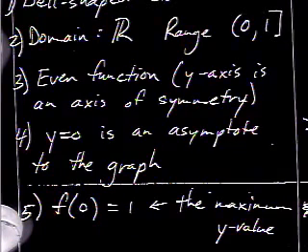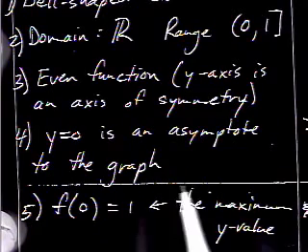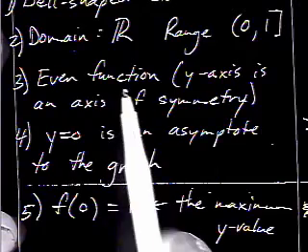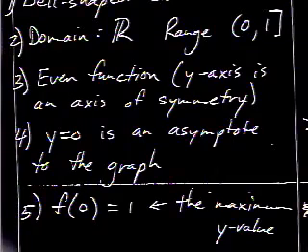That's right there in the middle where it comes together. The other details: it's an even function, right? The y-axis cuts it in half, so it's an axis of symmetry. y equals 0 is an asymptote to the graph, the x-axis.